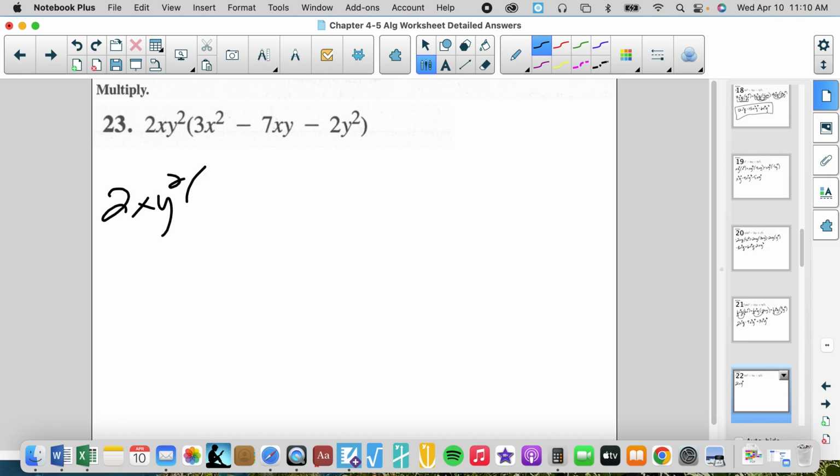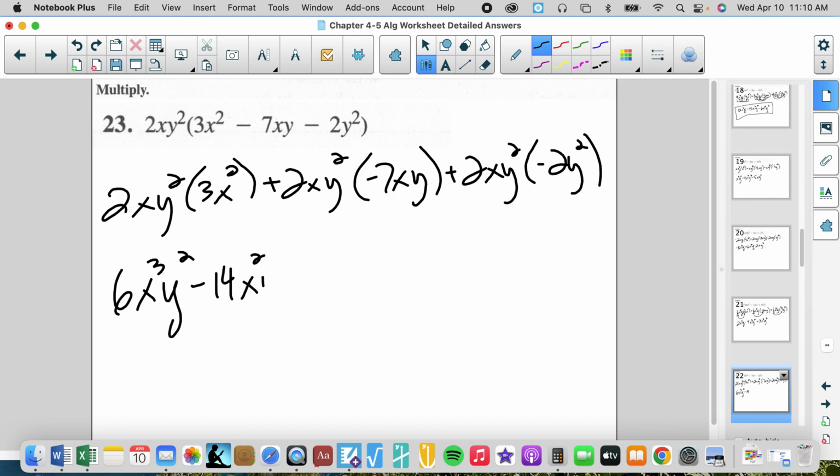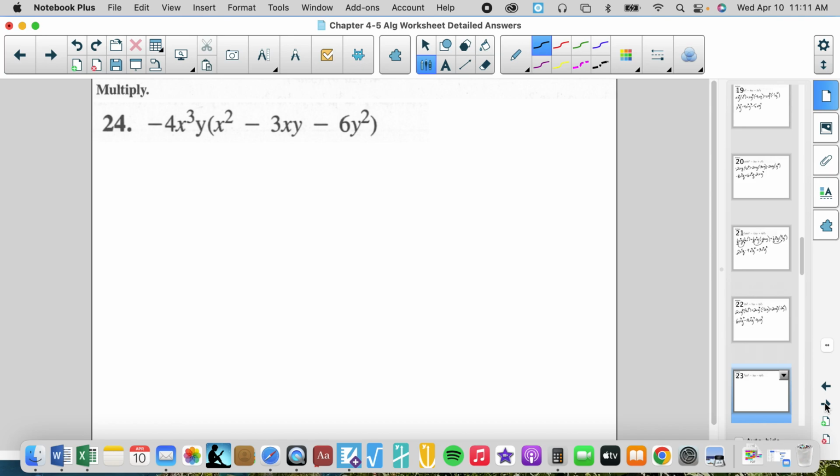2xy squared times 3x squared plus 2xy squared times negative 7xy plus 2xy squared times negative 2y squared. That's 6x to the third y squared minus 14x squared y to the third minus 4xy to the fourth. Also in standard form.